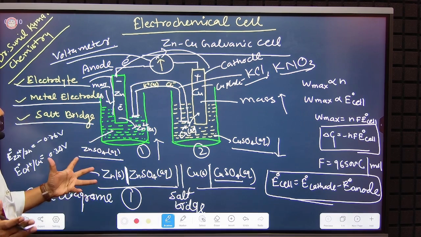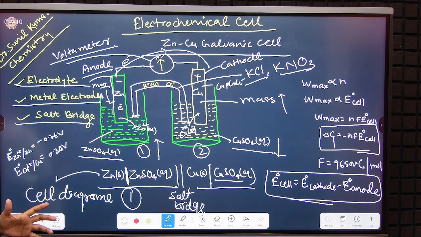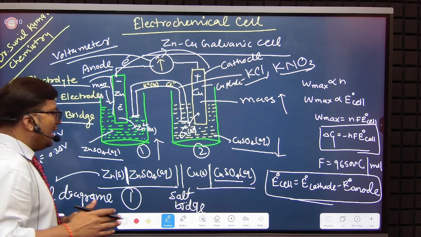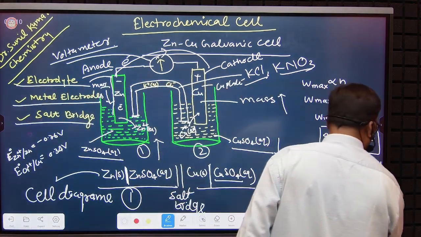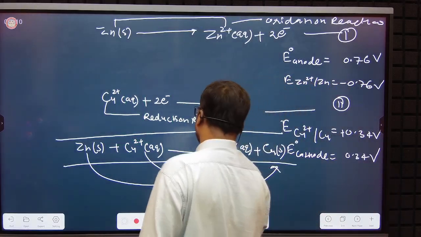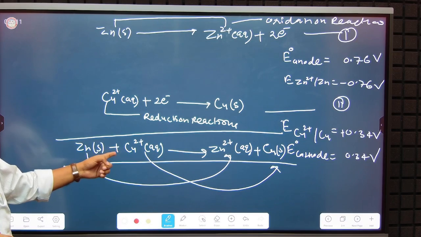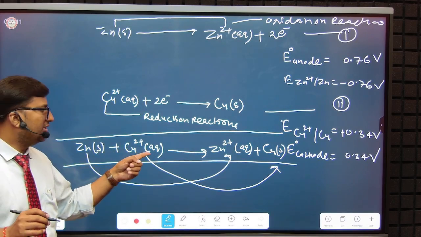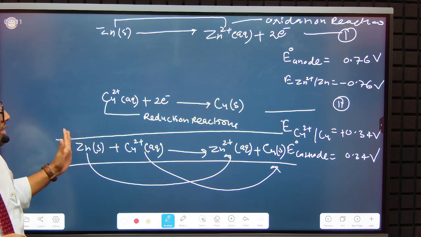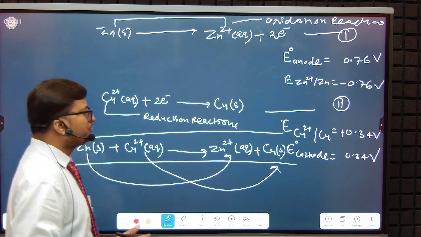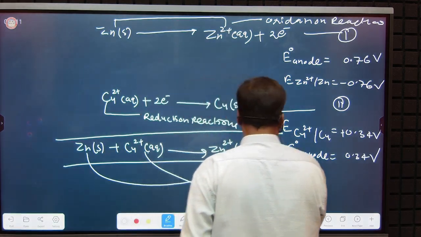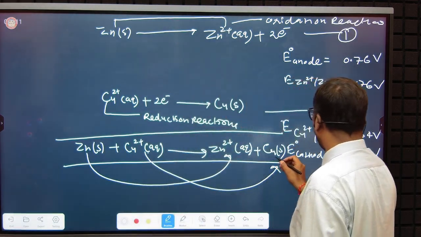So after the passage of time, what happens? In the overall reaction, all the zinc solid with the help of copper 2+ in the container will produce zinc 2+ aqueous and copper solid.